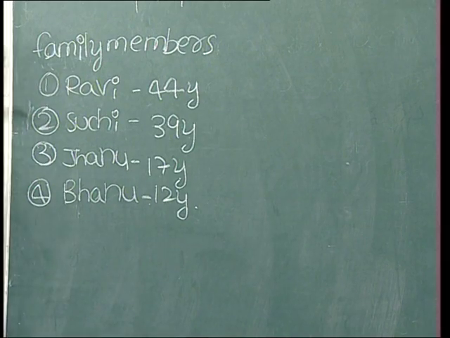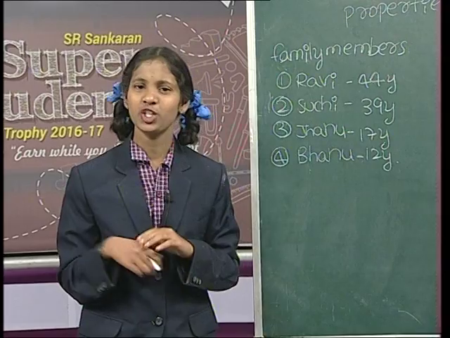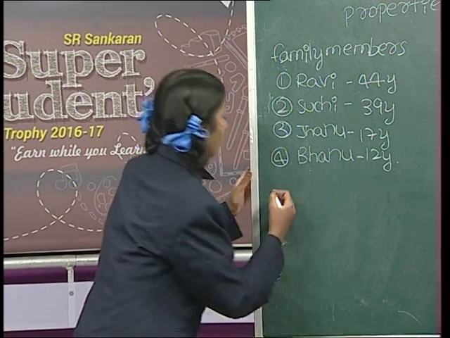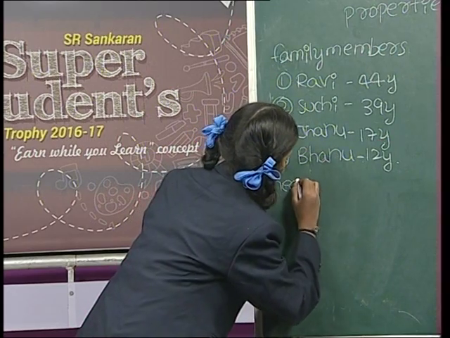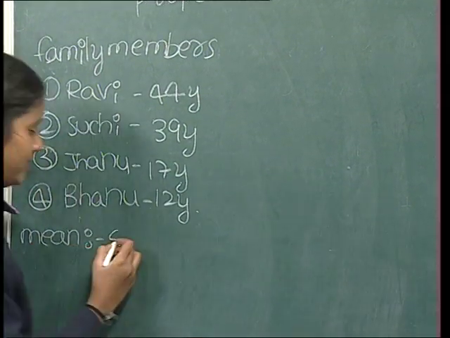So, let us find the mean of these family members' ages. As per the definition of mean, it is the sum of all observations divided by the number of observations. What is the principle of mean? Yes, Faras, correct.